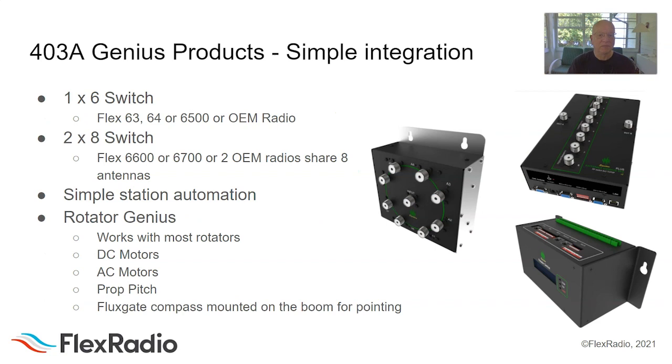Really cool. A little more detail on the 403 products. We talked earlier. We've got the 1x6 switch. Actually, that's a 1x8. And a 2x8, meaning for 2 radios, and the 403A antenna switch. The Rotor Genius, by the way, on the bottom right, I like it. I'm using it.